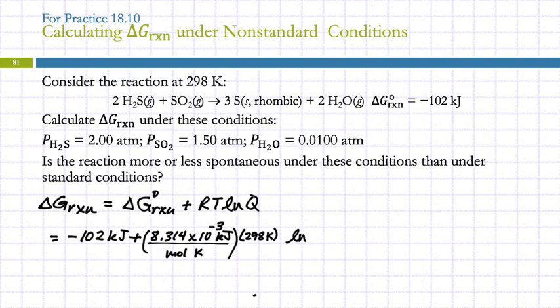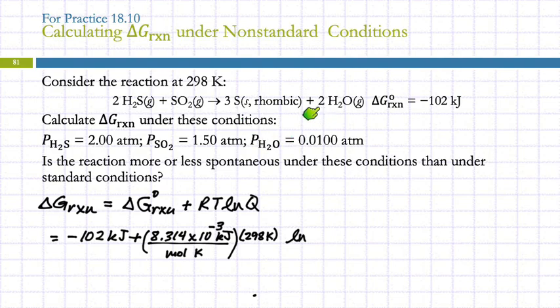So after the discussion we just had, when we stick these numbers into the equation for Q, they actually don't have units. So Q is going to equal, now this sulfur is a solid, so that doesn't show up.